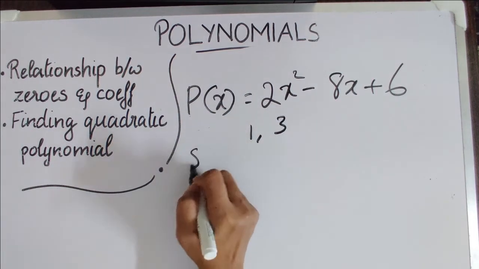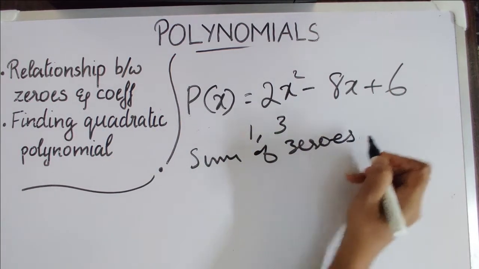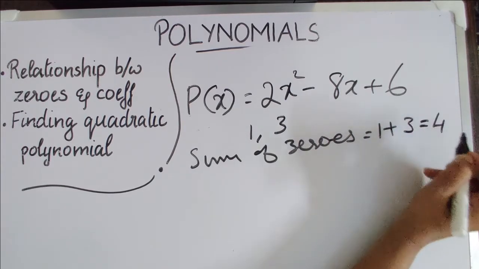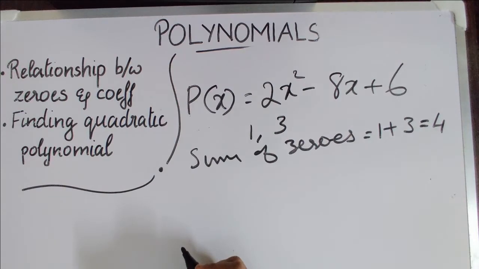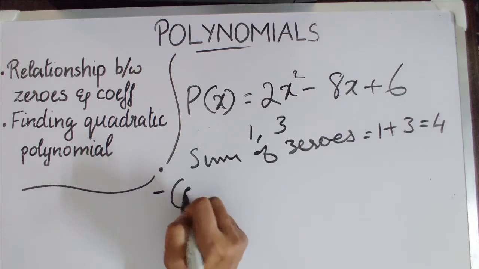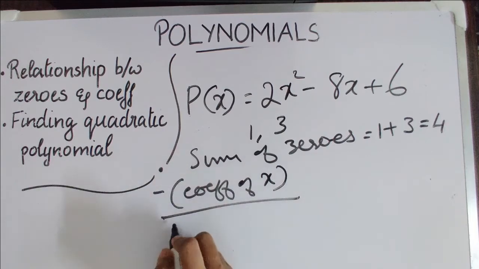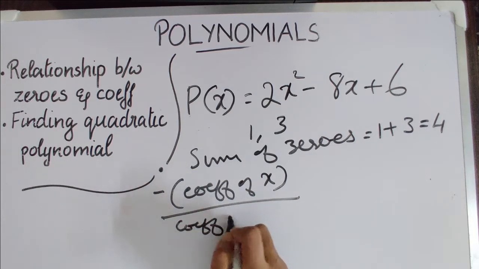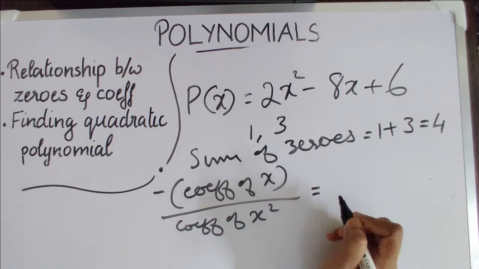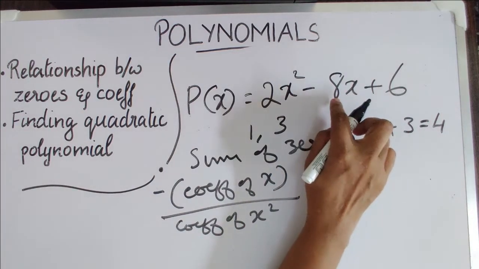Therefore the sum of zeros equal to 1 plus 3 equal to 4. The value of minus of coefficient of x divided by coefficient of x square, what is it? The coefficient of x is minus 8.